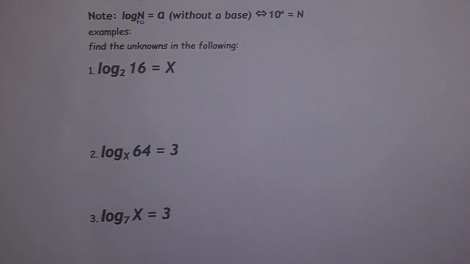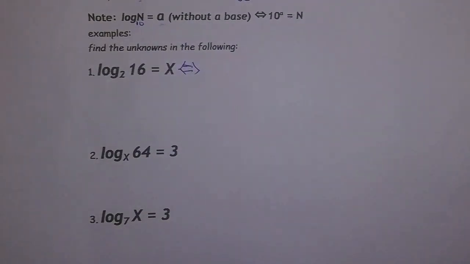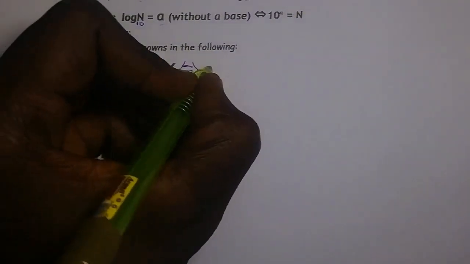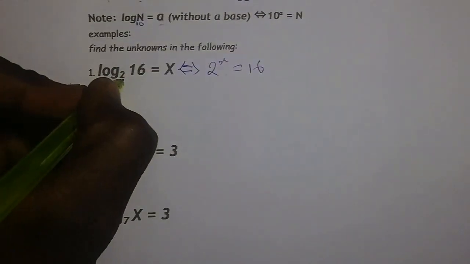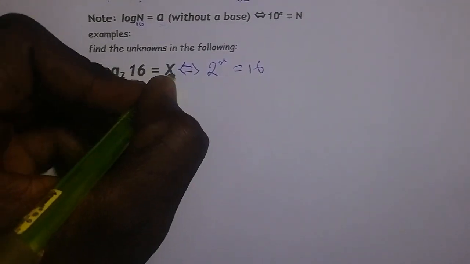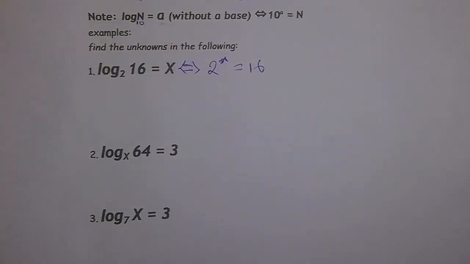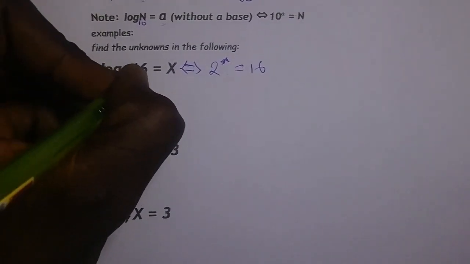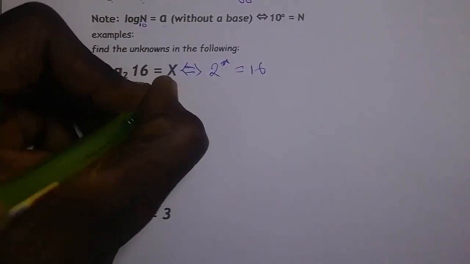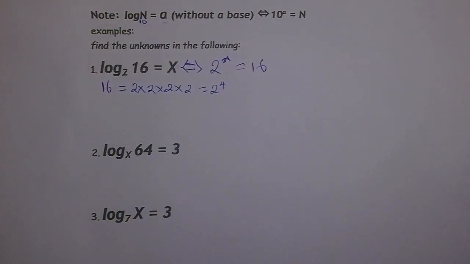Example 1 says log to base 2 of 16 equals x. First we convert this to index form. It will be 2 power x equals 16: 2, the number in the middle, power the number on the opposite side, x, equals the number nearest to the equal sign, 16. We know 16 is 2 times 2 times 2 times 2, which is 2 power 4.